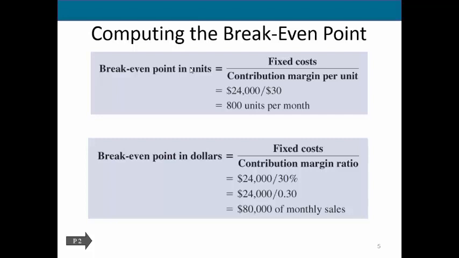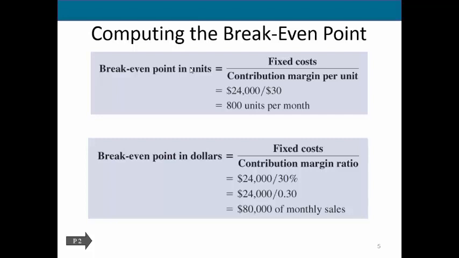If you remember, profit is calculated as revenue minus total costs. So we can expand that further. Profit is equal to revenue minus fixed costs plus variable costs. So if we're calculating a break-even point, that means we're solving for a point when our profit is 0.